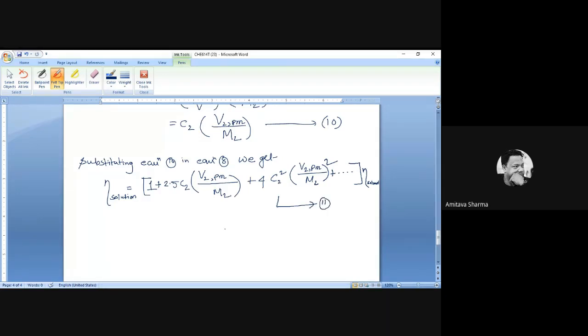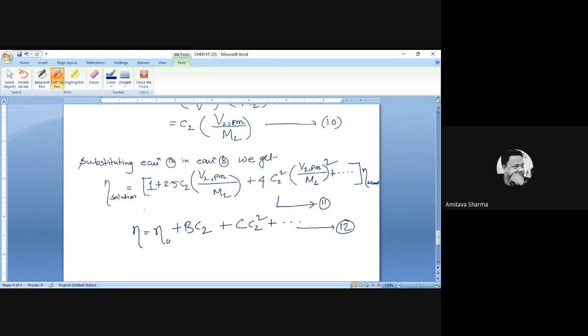Now the above expression is a special case that we can write as eta equals eta 0 times 1 plus b c2 plus c c2 square plus dot dot dot, that is equation 12, where b and c are determined by fitting experimental data on variation of viscosity, and eta 0 is the viscosity of the pure solvent.